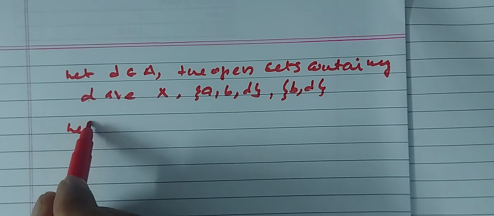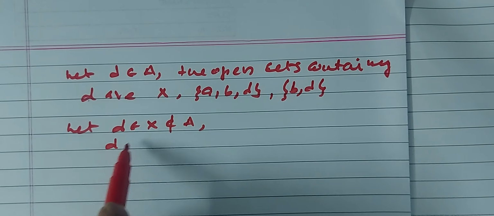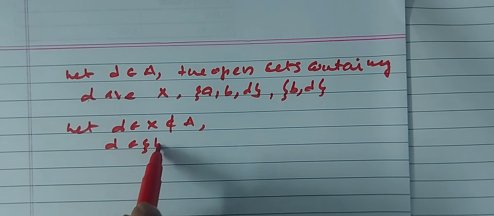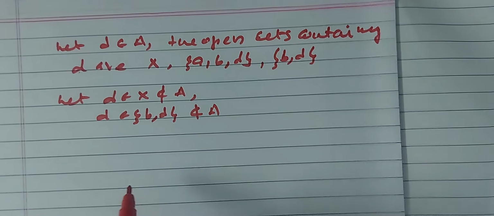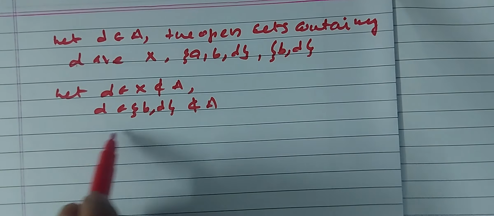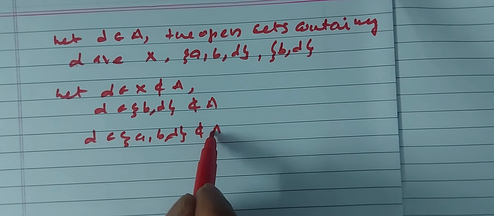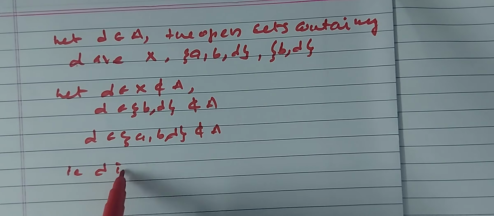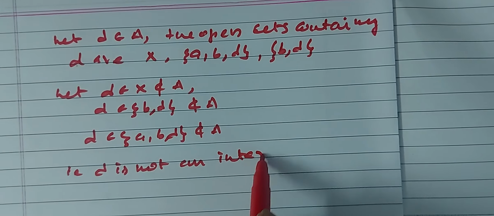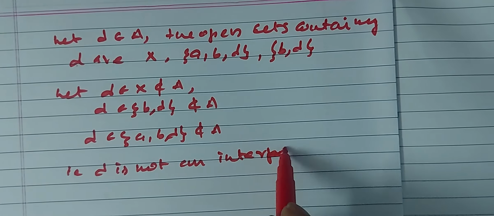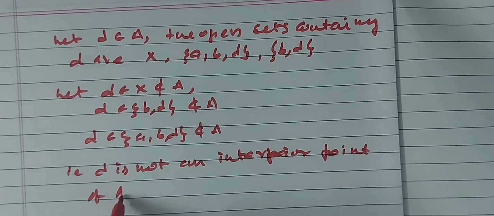Next, let D belong to X, which is not a subset of A. Next, D belongs to the set {B, D}, which is not a subset of A. Next, D belongs to the set {A, B, D}, also not a subset of A. That is, D is not an interior point of A.